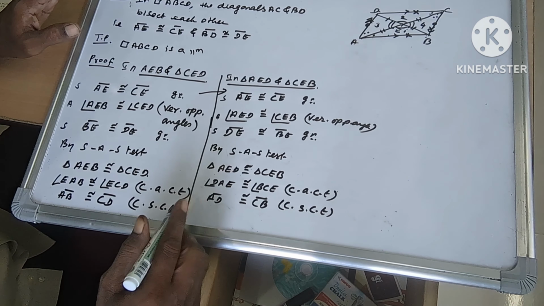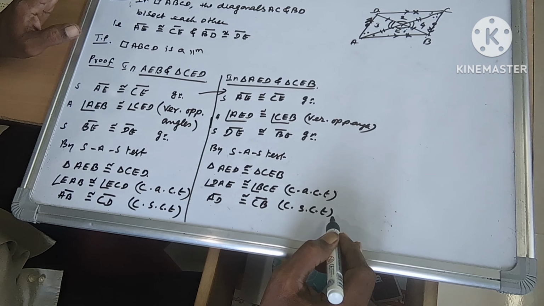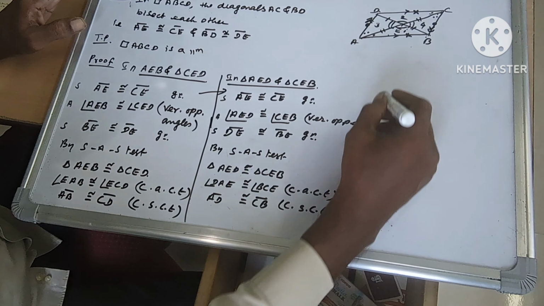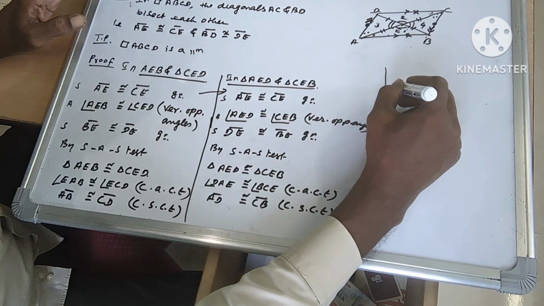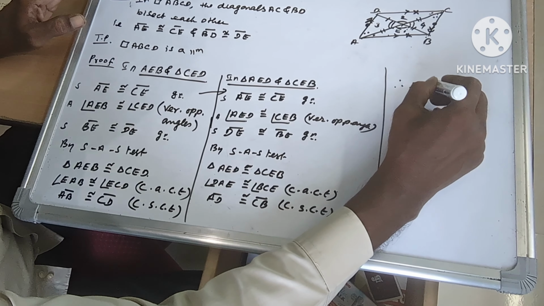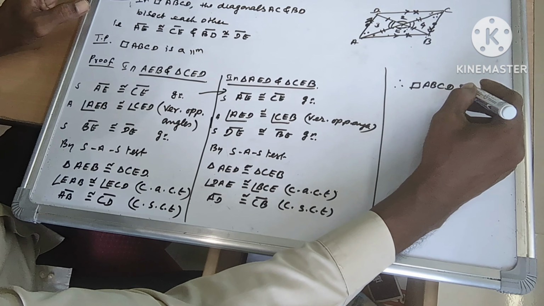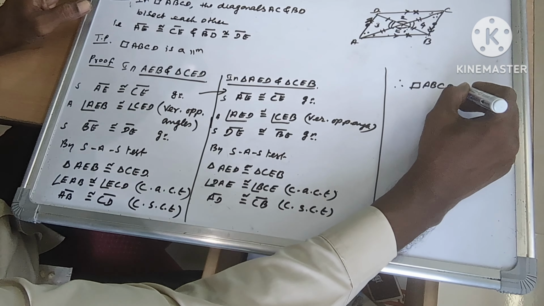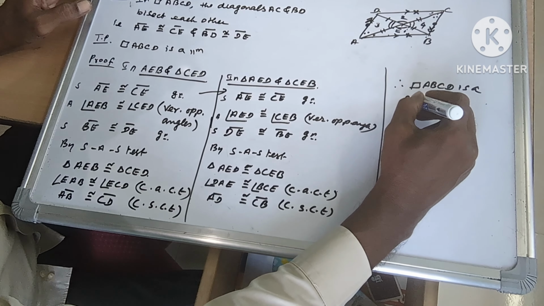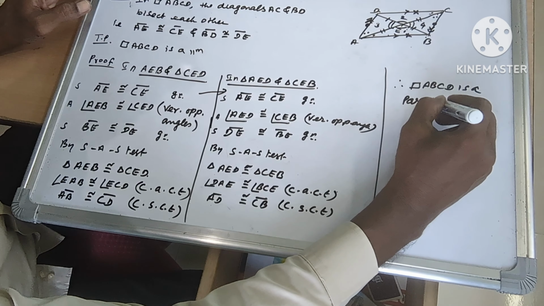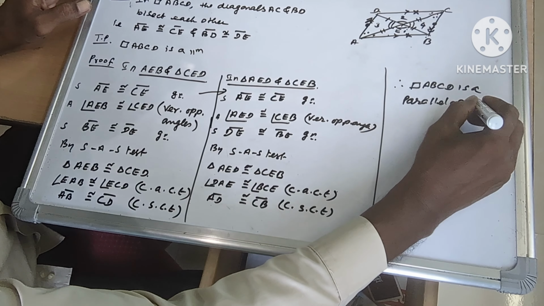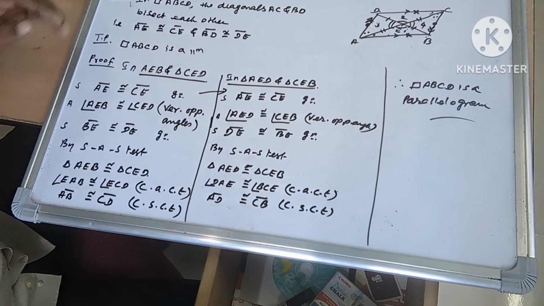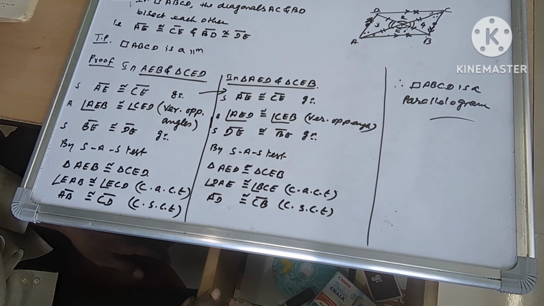So these are sets 1, 2 and 3, 4. Therefore, quadrilateral ABCD is a parallelogram. So, very simple result.